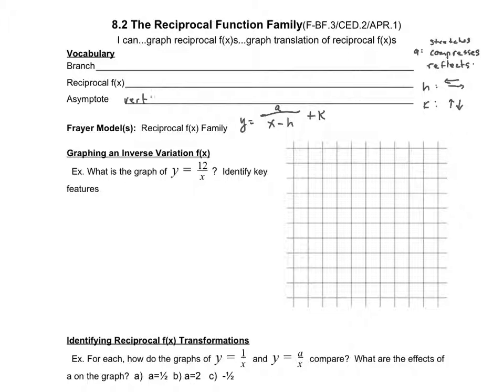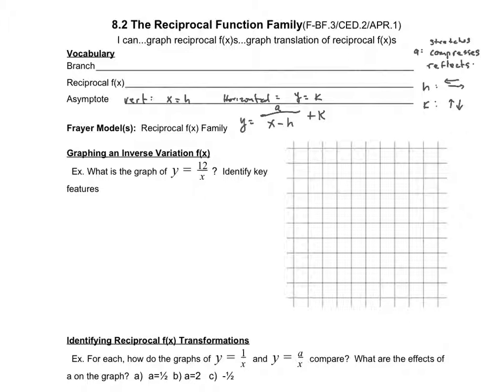My vertical asymptote is going to be x equals h, and then my horizontal asymptote is going to be y equals k, and those are going to be asymptotes. Again, your function gets very close to it but never touches.